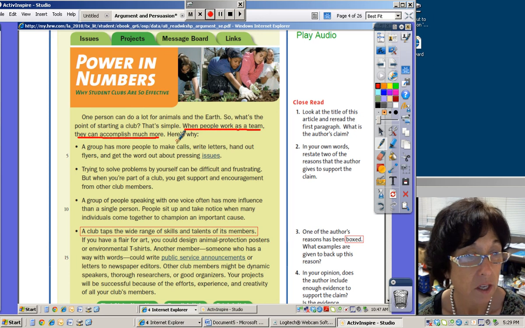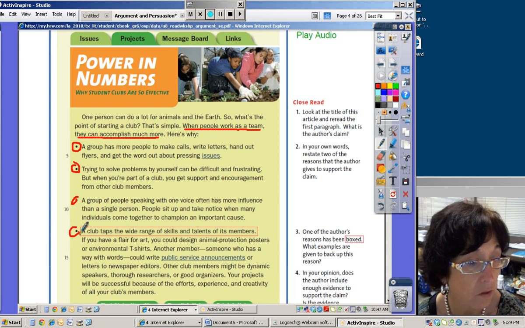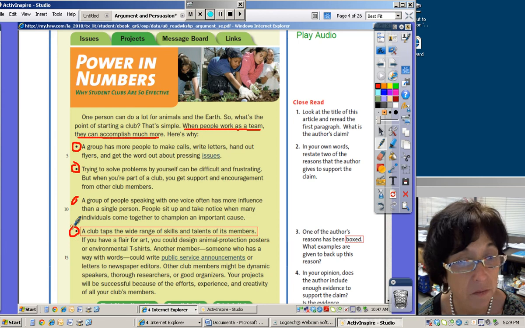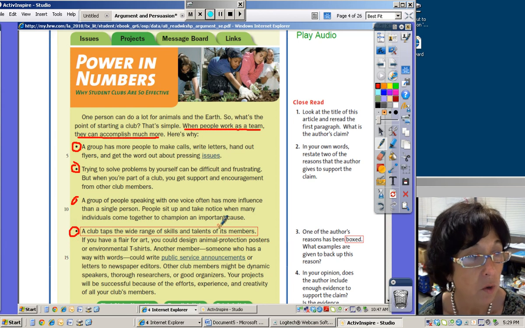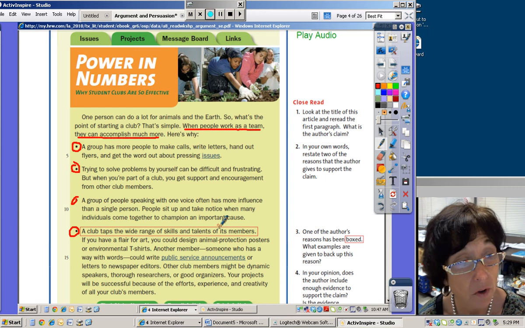Well, look at this key phrase. Here's why. That introduces you to 4 different bulleted reasons. Okay, so look at the first one. A group has more people to make calls, write letters, hand out flyers, and get the word out about pressing issues. So with more people, they can do a lot more things.